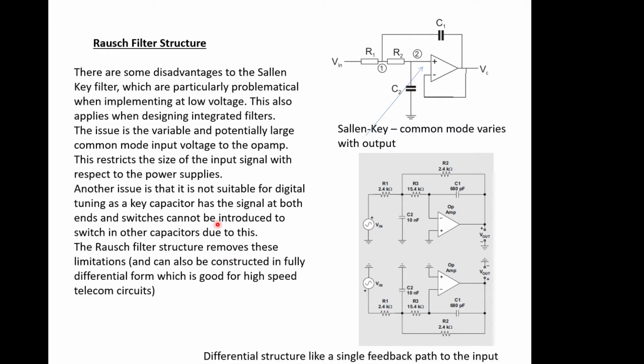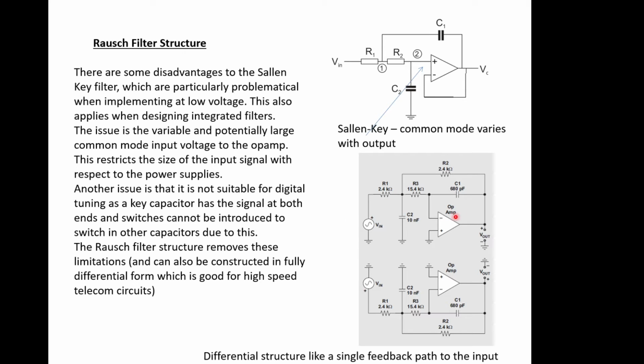Okay, so the Rausch filter is a way of getting around some of these issues, and it can also be constructed in fully differential form. So we understand from now that differential circuits are quite important for getting rid of common mode noise, and particularly in communication systems a lot of things are differential, and in fact FPGAs now have a lot of differential only inputs so that they can get very high speed throughput for noisy communication signals.